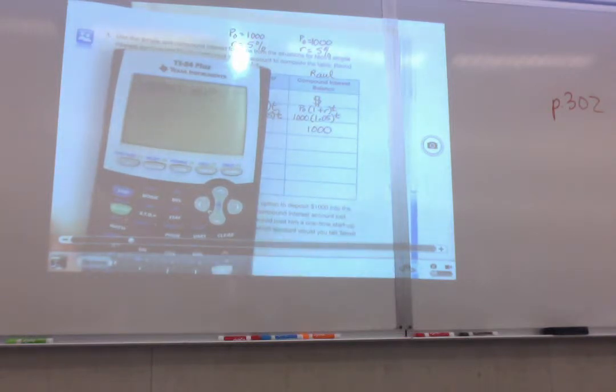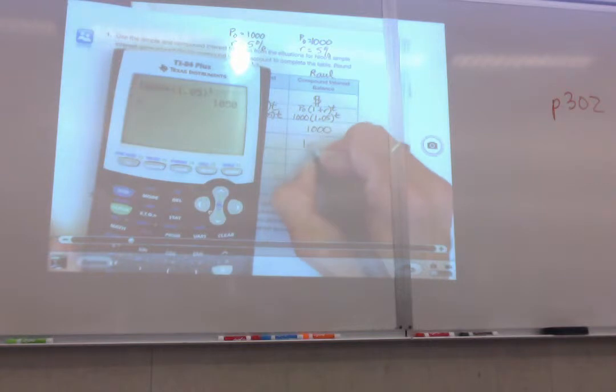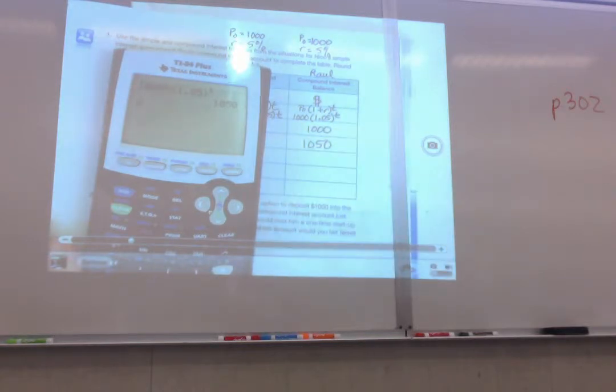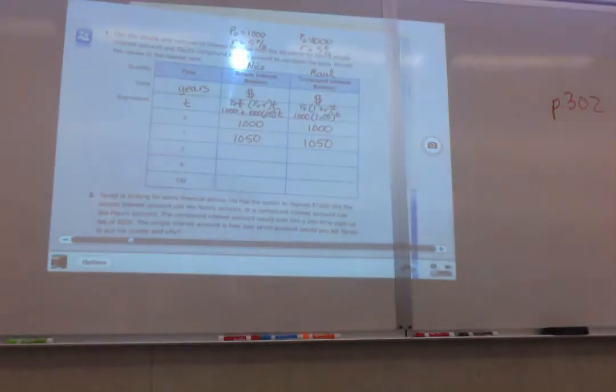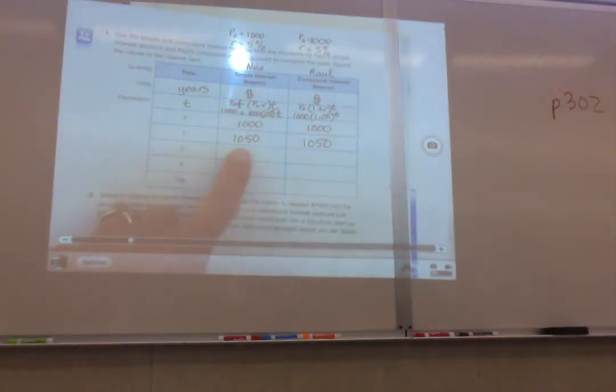Raise it to a 1. Enter. 1,050. Do you have the same as I do? Okay, any difference after 1 year? No. So Raul and Nico, if they're only leaving their money in for a year, they can choose either account.